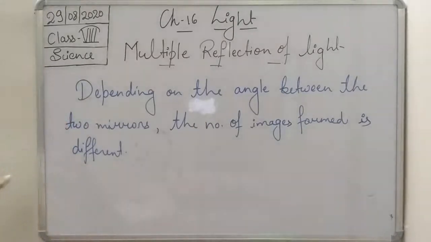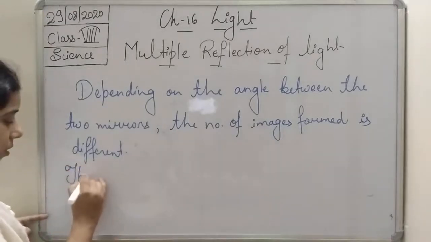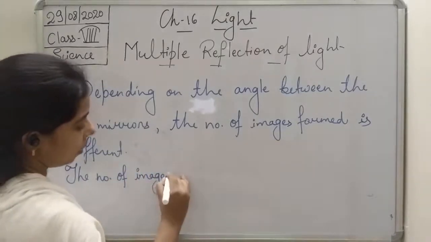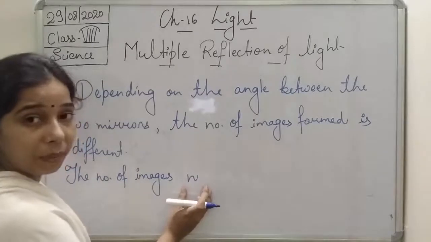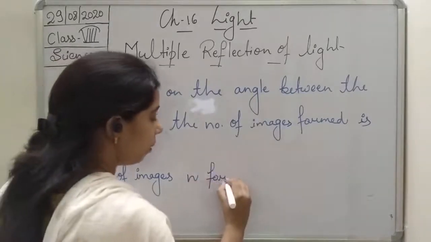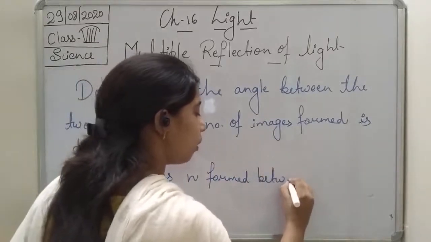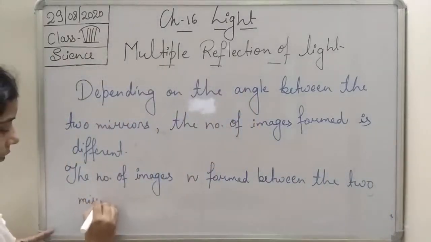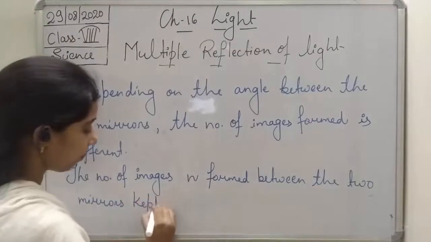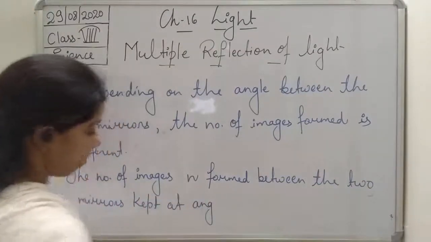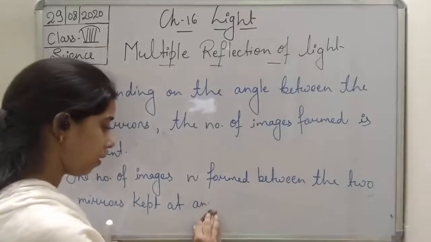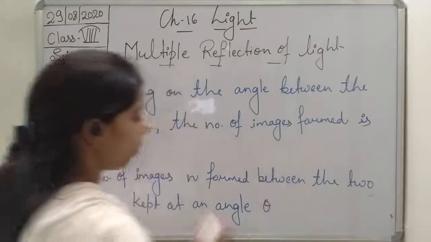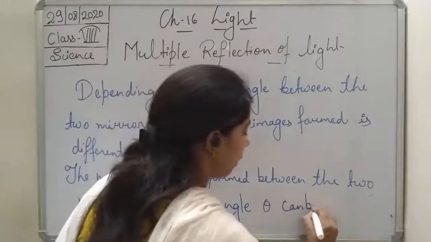How can we find it, students? So we can write: if we consider the number of images as n, formed between two mirrors kept at an angle theta, it can be represented.